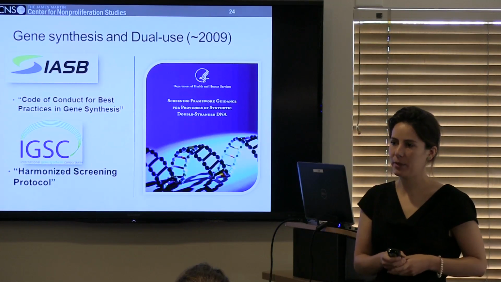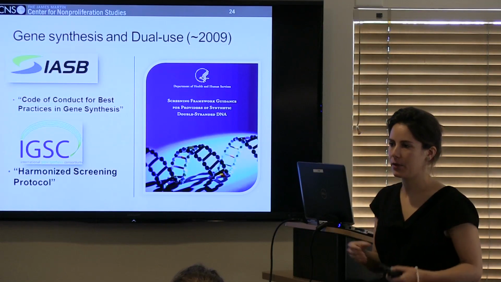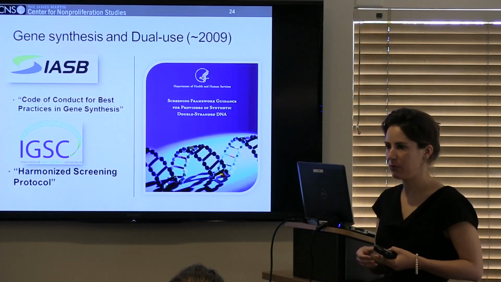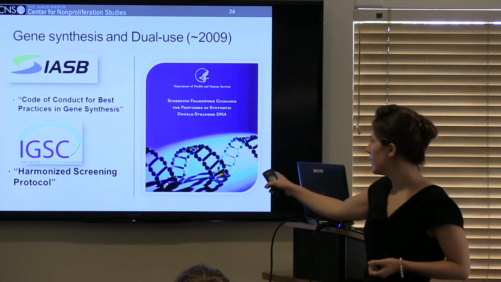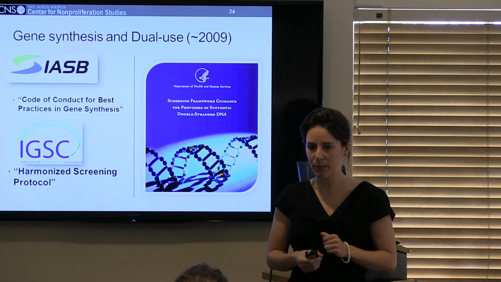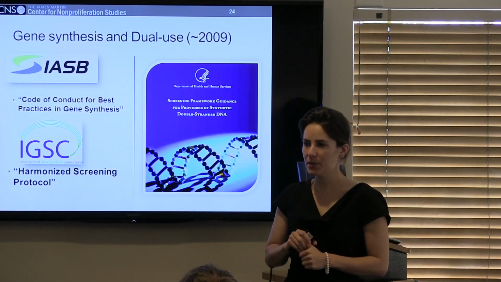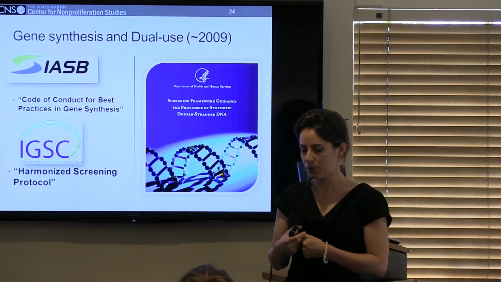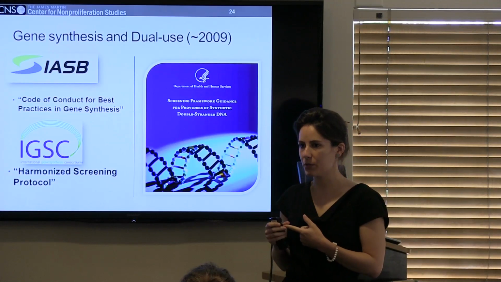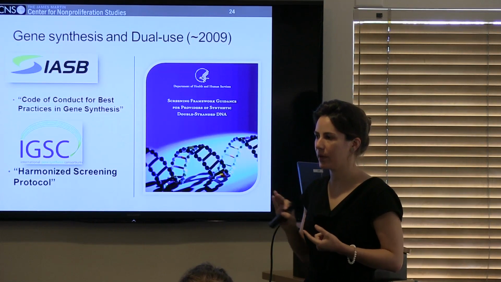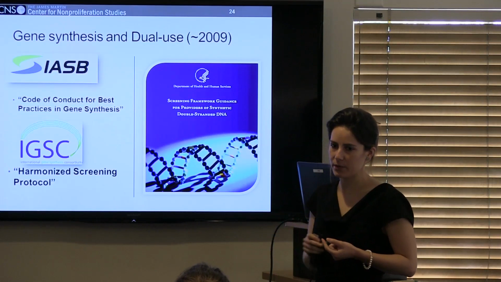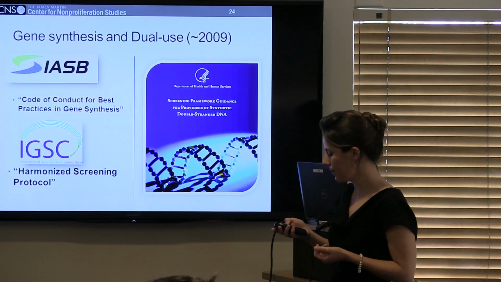And the federal government also published a guidance on how to analyze an order before making it and shipping it. Basically, they ask gene synthesis companies to do two things. One is to screen the customer, and the second is to look at which DNA sequence they are ordering and make sure it doesn't encode for any of the select agents or toxins.